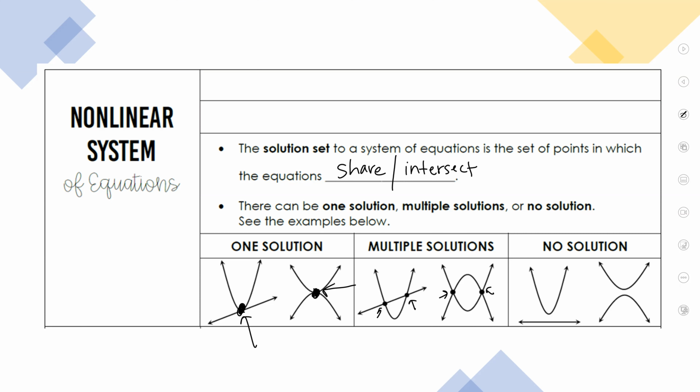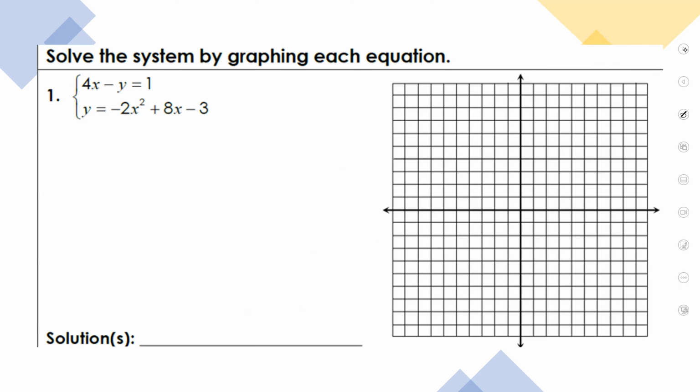Okay, so let's do an example. We're going to figure out graphically where the solutions are. So we're going to graph these two lines. This first one's linear, and I can rewrite this as y equals 4x minus 1. What I did was move this negative over, make it positive, move this one over, make it negative.